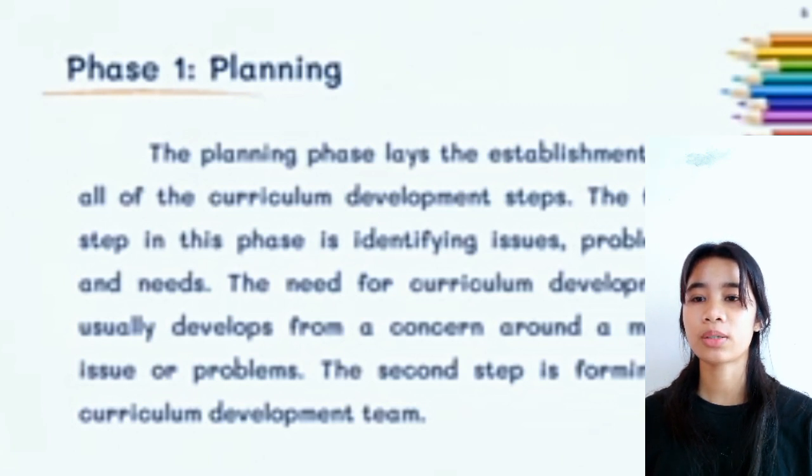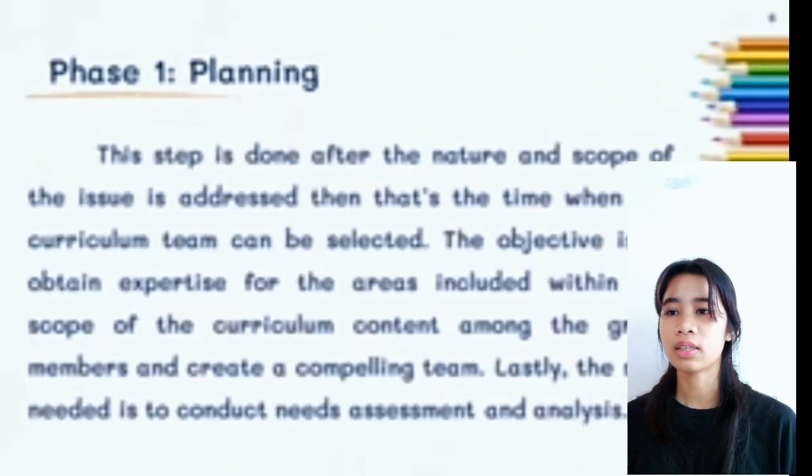The need for curriculum development usually develops from a concern around a major issue or problem. The second step is forming a curriculum development team. This step is done after the nature and scope of the issue is addressed, and that's the time when the curriculum team can be selected.